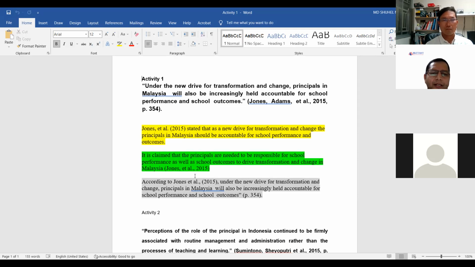The third one, according to Jones et al., under the new drive of transformation and change, principals in Malaysia will need to be increasingly held accountable for performance. You see, three different styles. You all got an idea, right? Now, let's double check, have a look again. I will give you one exercise to do.